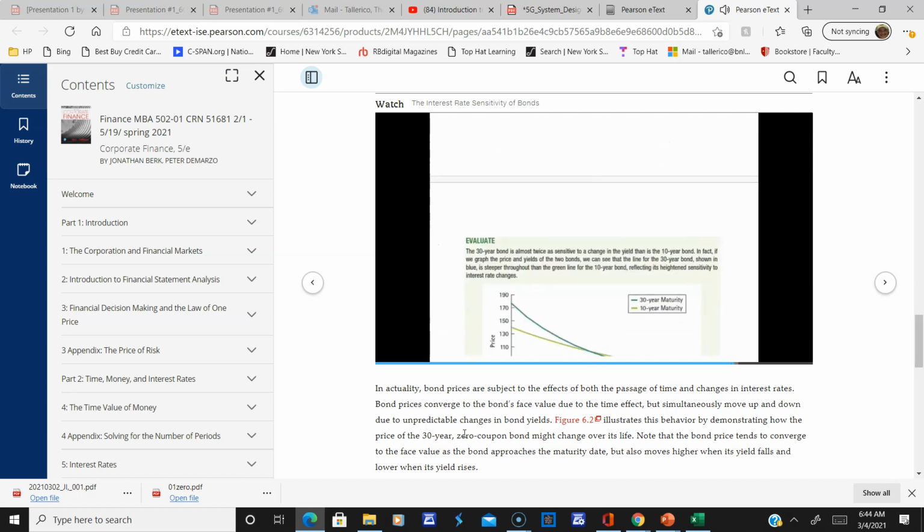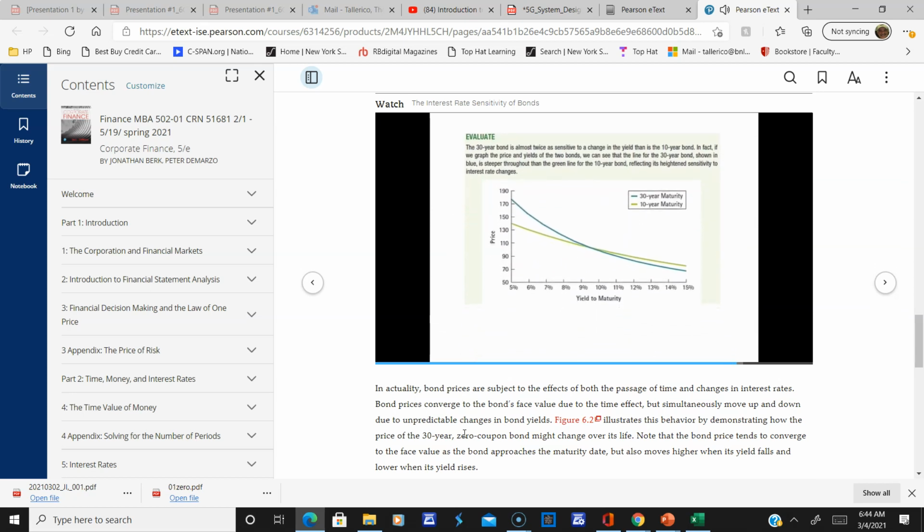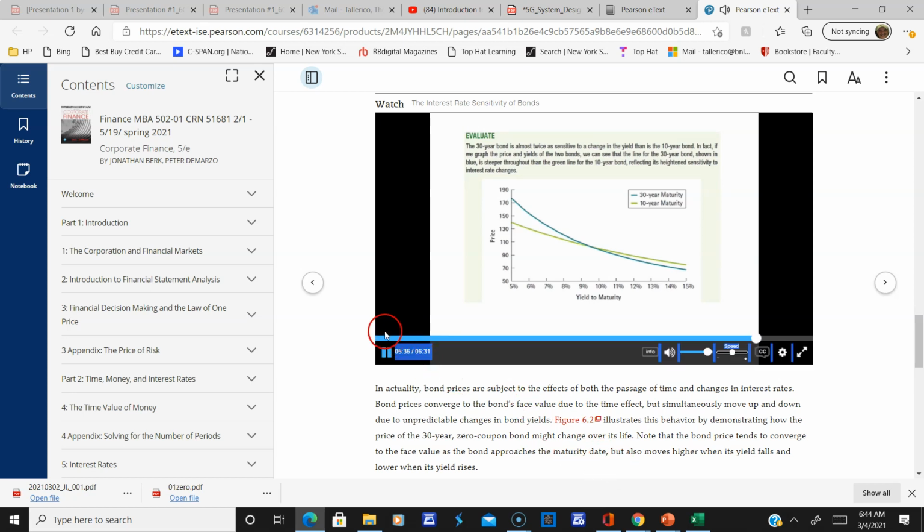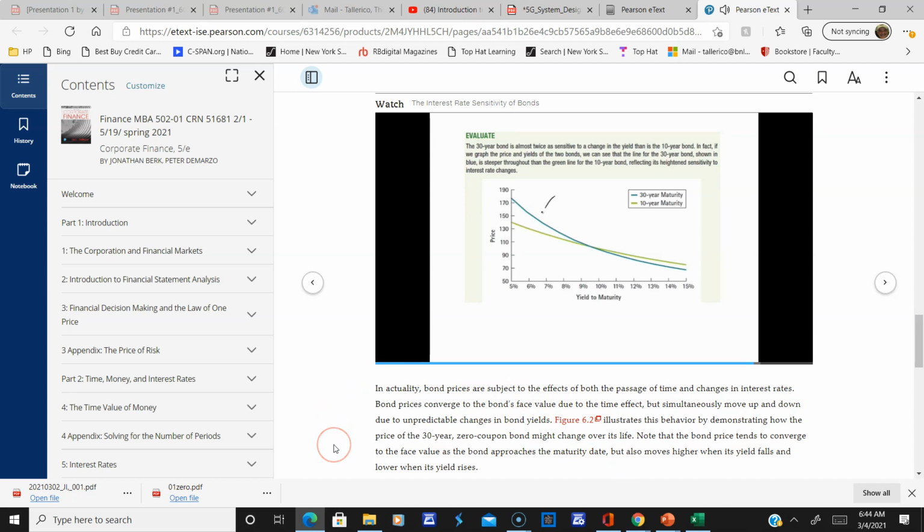So let's go down to the evaluate section and think about what's going on here. If we graph their price as a function of the yield to maturity, the slope is how much the price changes for a change in the yield to maturity. You can see that the line for the 30-year bond is steeper than the line for the 10-year bond, reflecting its greater sensitivity to changes in interest rates.